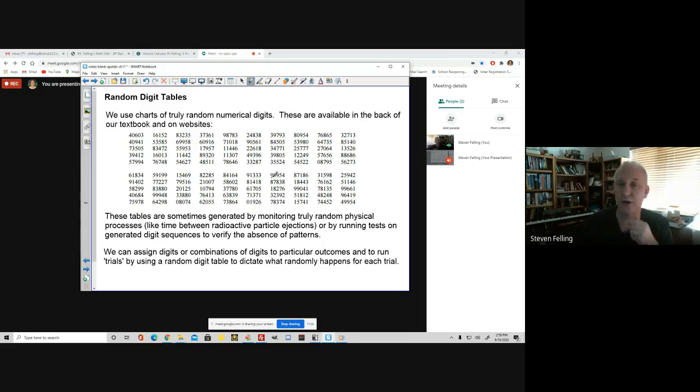A typical way they're created is they will take, say, a radioactive element, and then they'll have a counter connected to a radioactive particle detector. And so whenever a particle is ejected randomly at a certain time from the radioactive element, they start a timer, and then they measure the amount of time in, say, milliseconds until the next time a particle is ejected.